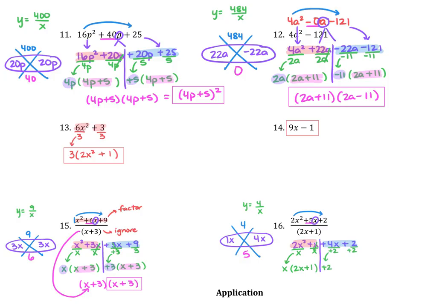So my GCF is positive 2. 4x divided by 2 leaves me 2x, and 2 divided by 2 leaves me 1. Notice that these two parentheses match, so that is my first binomial. And take my leftovers of x plus 2 to make my second binomial. Now remember here where it's different, that denominator is one of your parentheses. Your answer is the other parentheses.